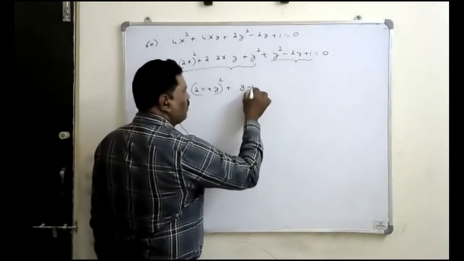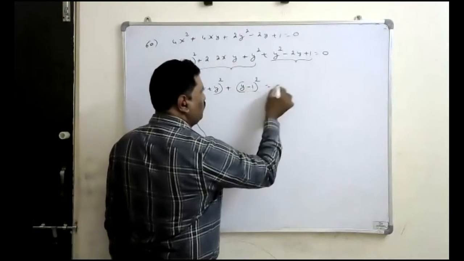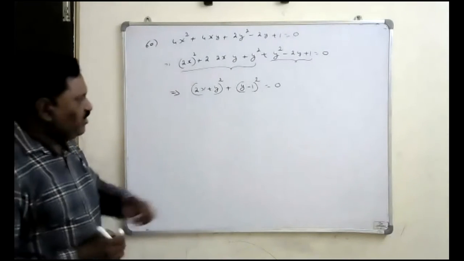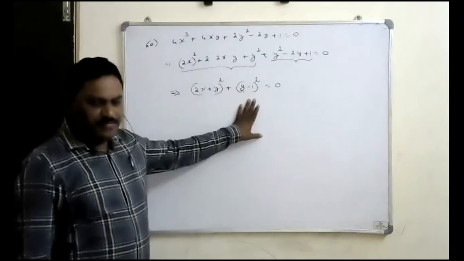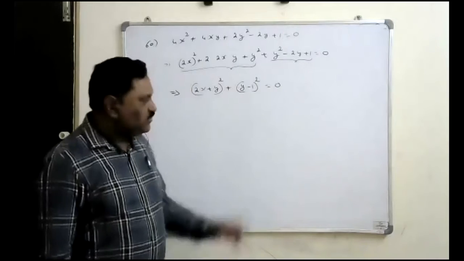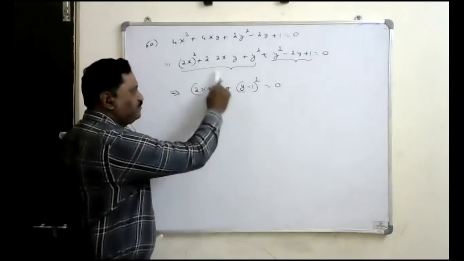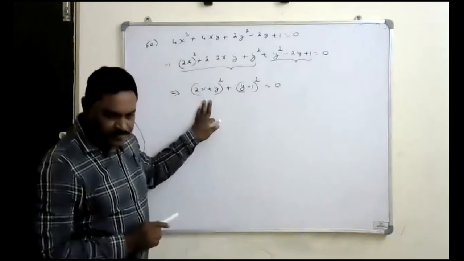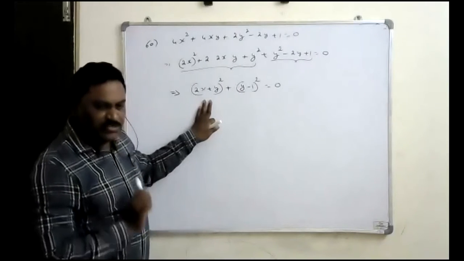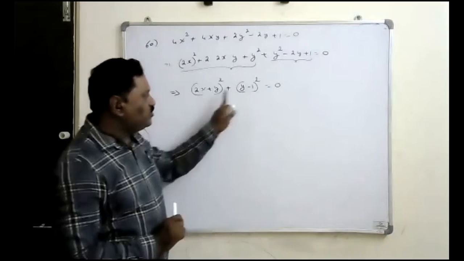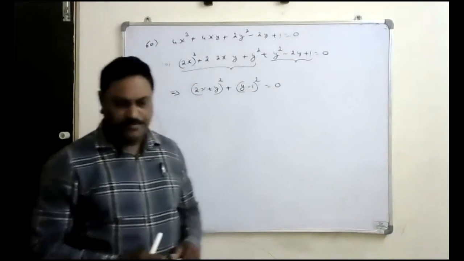Now, if you observe this identity, we got the sum of the squares of two numbers equal to 0. Is it possible? Yes, because each is a perfect square, it always gives a non-negative value. Whenever you add two positive values, is it possible to get 0?